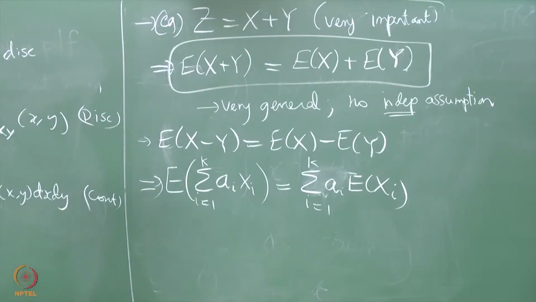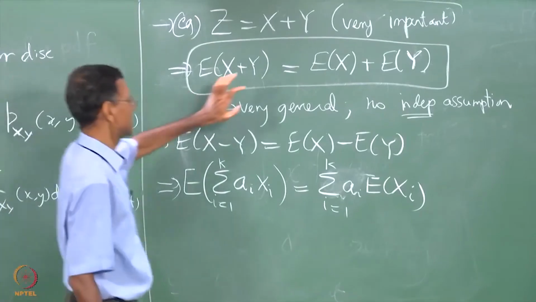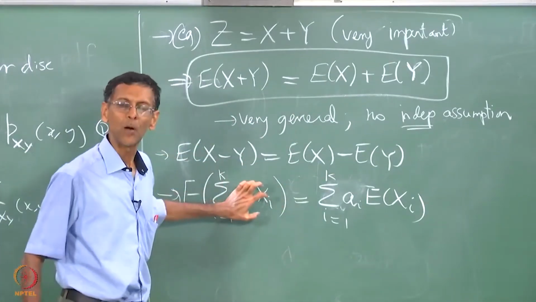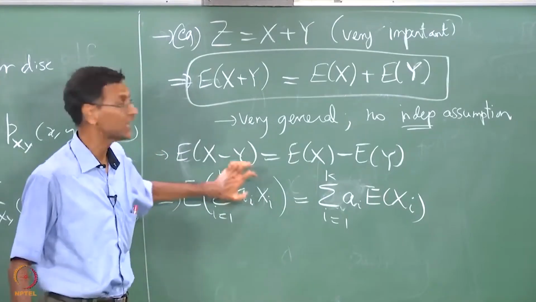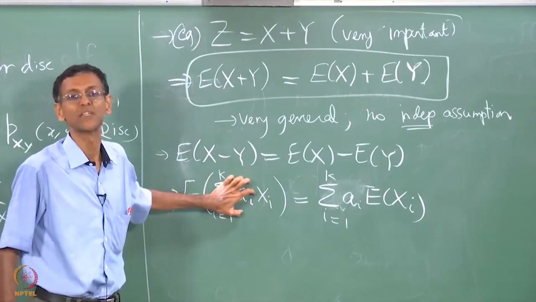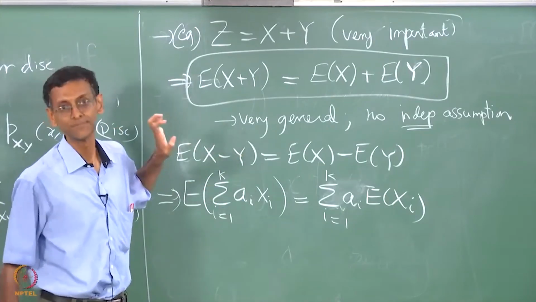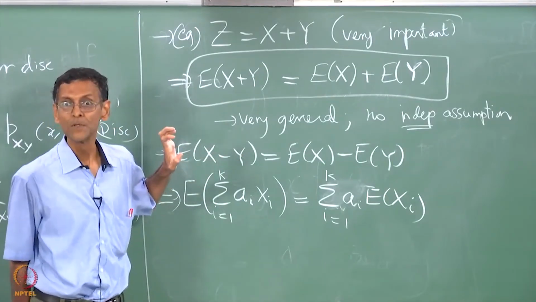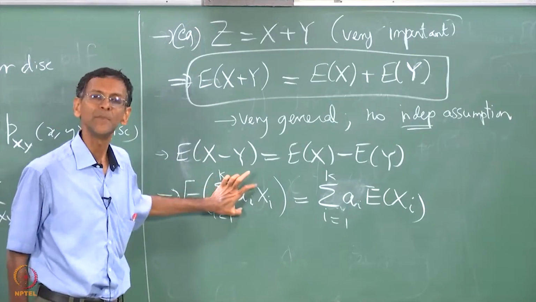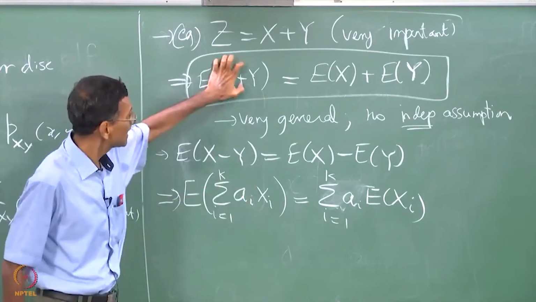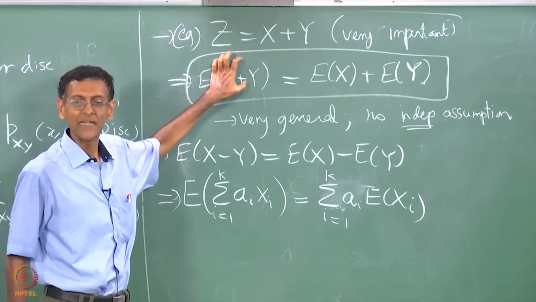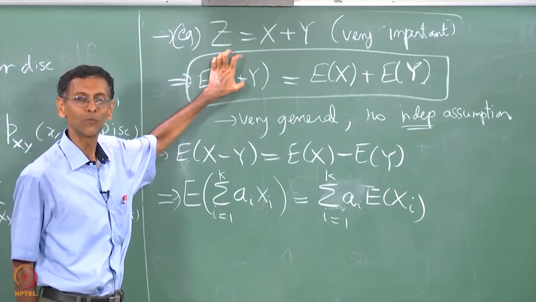What I am trying to say here is, this may look like a complicated thing, which is in fact a complicated thing. If you want to calculate the exact distribution of this, it is not easy in general to find the PDF or PMF of this weighted sum. Even when x and y are independent, you have to do some convolution and stuff like that.